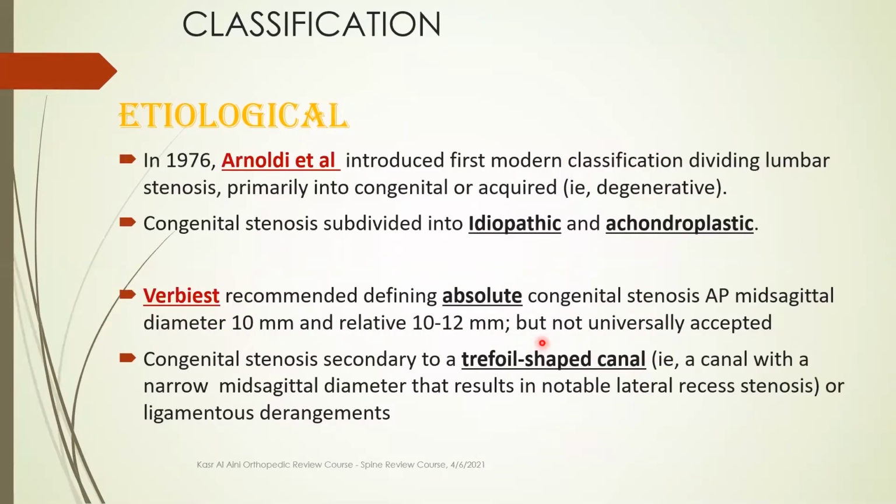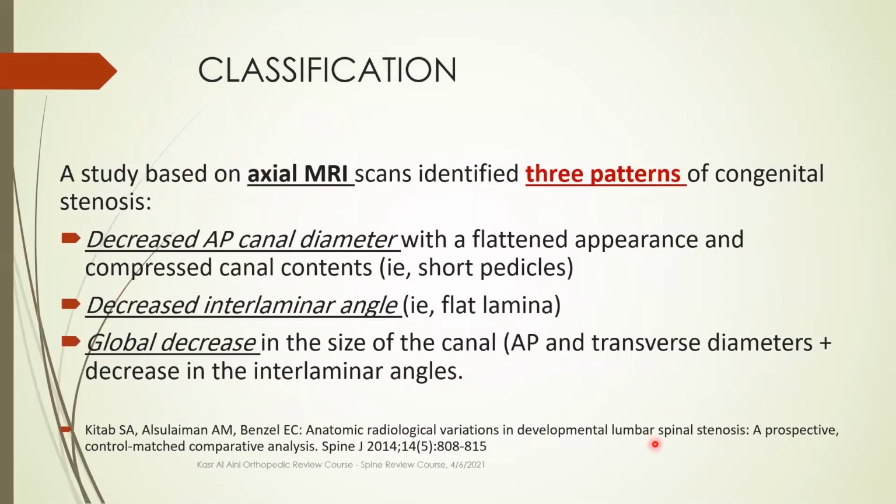Arnoldi et al. in 1976 classified spinal canal stenosis into congenital and acquired, with the congenital subdivided into idiopathic and achondroplastic. It's not only the anteroposterior diameter, but also the shape of the canal. So in congenital stenosis secondary to a trefoil-shaped canal, there is narrowing of the anteroposterior diameter and also lateral recess stenosis.